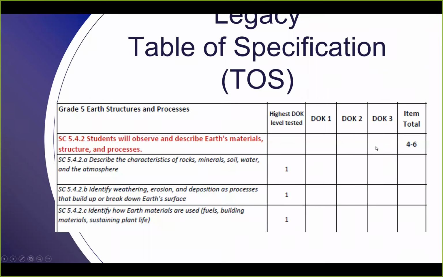And we also told you at what DOK level those were being tested. This is actually a really good example, kind of by accident, but you'll notice that all 3 of these standards were testing DOK 1 in the old legacy test. We're going to be pushing that up into 2s and 3s a lot. And so it's really advancing the rigor and the sophistication, but that's what we would expect because the standards do the same thing. So this was the old legacy TOS.